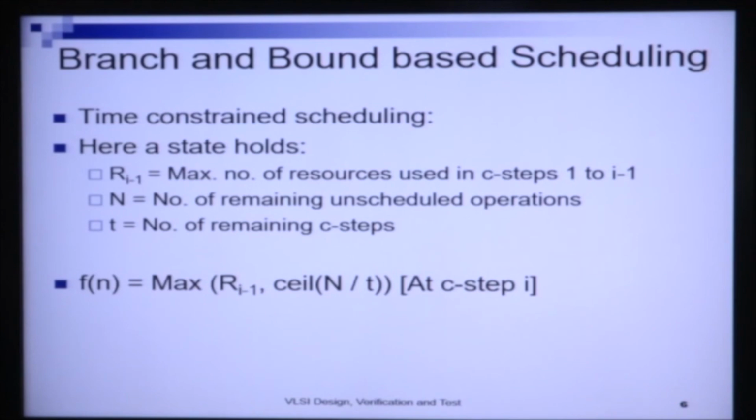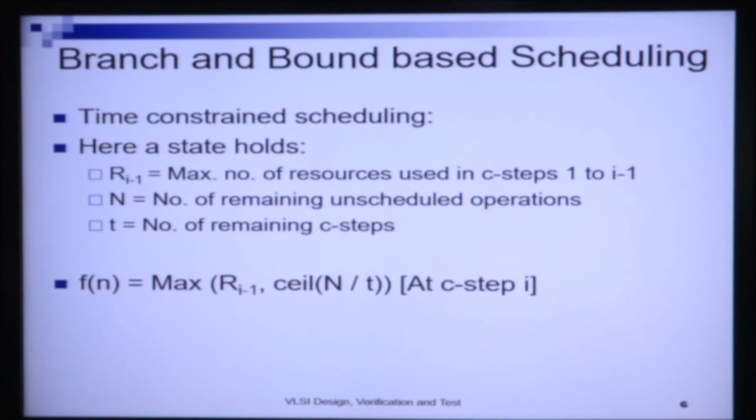So I have a remaining number of time steps. In any of these time steps, what is the lower bound of the maximum number of resources that I may need? Now a max of R(i-1) and ceil n by t.